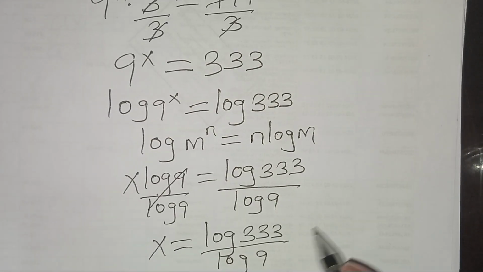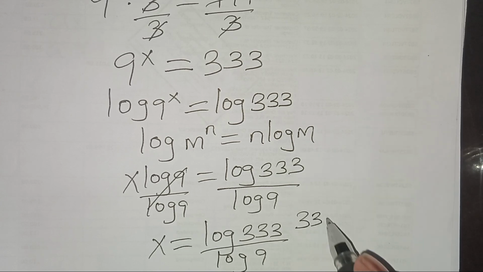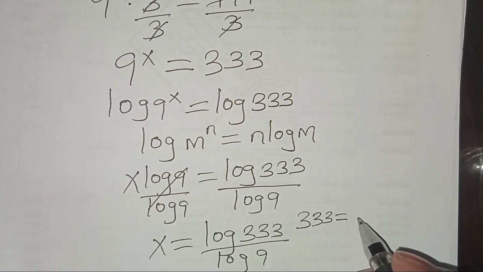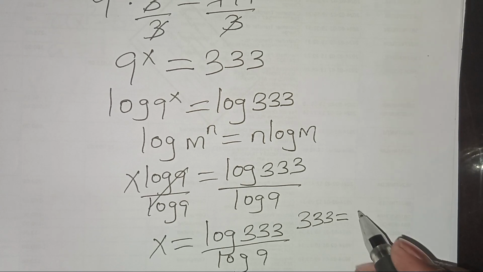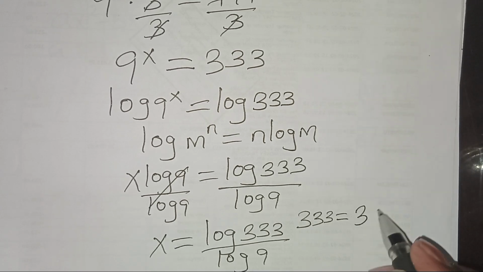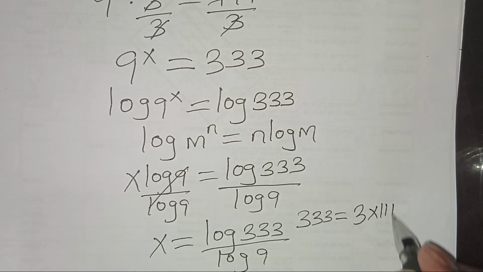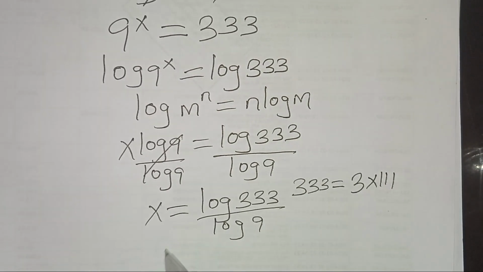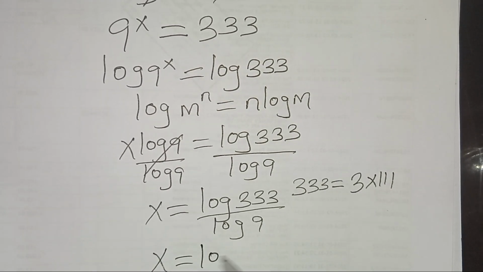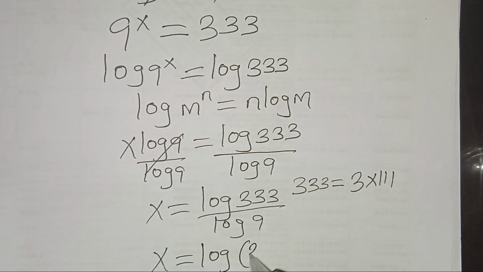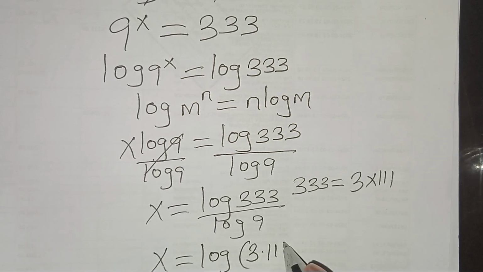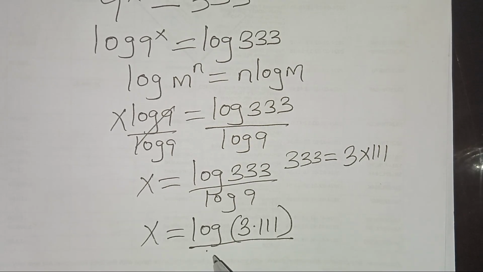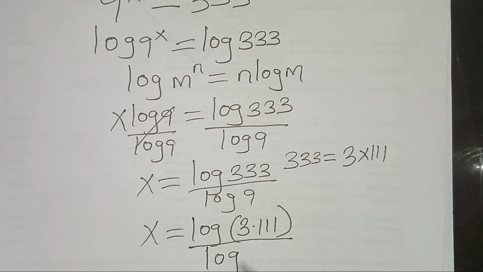The next step here, we can express 333 basically as 3 times 111. So let's substitute this so that x is equal to log 3 times 111 divided by log 9.